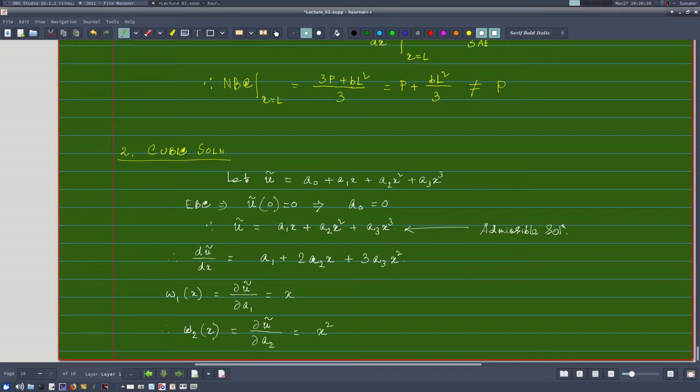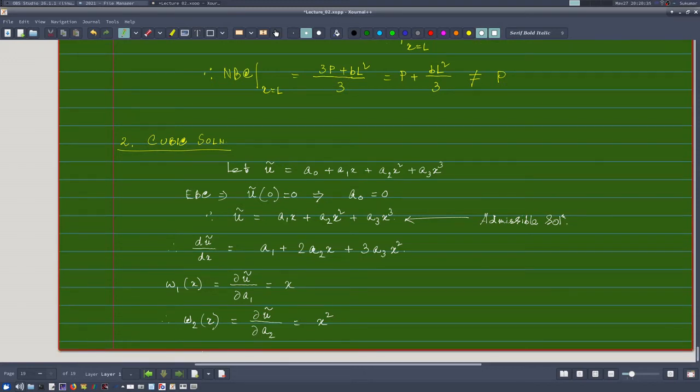And W3(x) is similarly, sorry, x cube. So del u tilde is this, so the partial differential of this with respect to a3 is x cube.